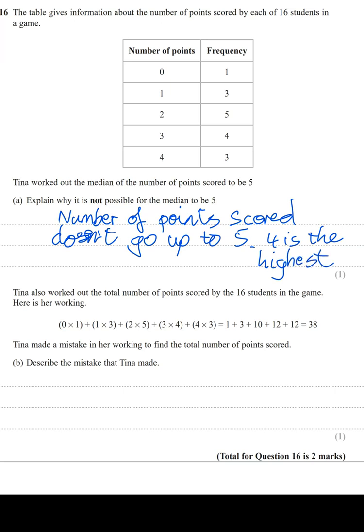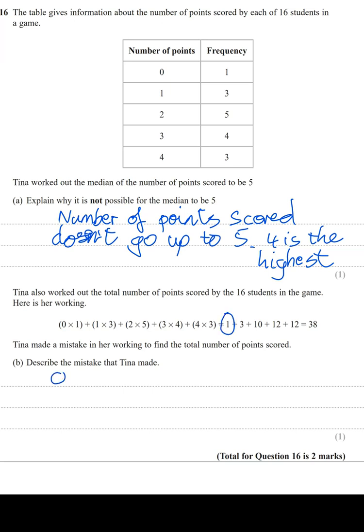Okay, Tina also worked out the total number of points scored by the 16 students. Her working is 0 times 1, 1 times 3, 2, yep, I agree with all of that. Tina made a mistake in her working to find out the total number of points scored. Describe the mistake. Oh dear, I just said it was fine. Oh, there we go.